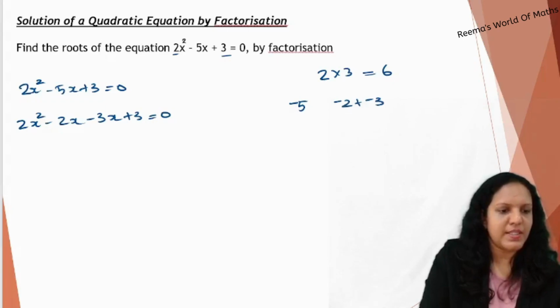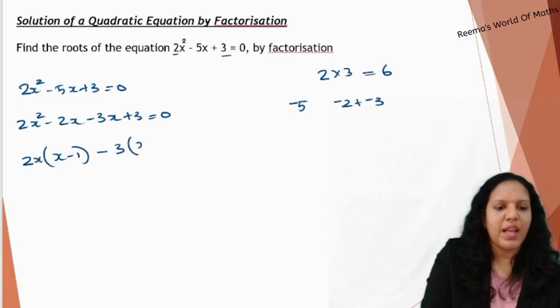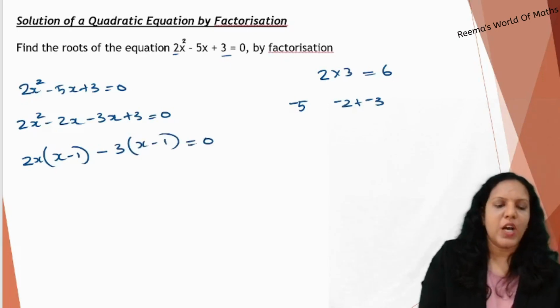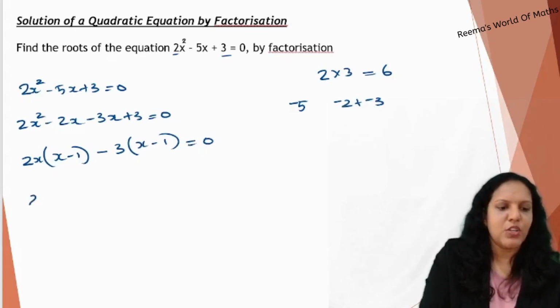Taking 2x common, what is left is x minus 1, minus, we can take 3 outside, so that will be x minus 1 again. So that is equal to 0. Now x minus 1 is common, so we can write it as 2x minus 3 multiplied by x minus 1.